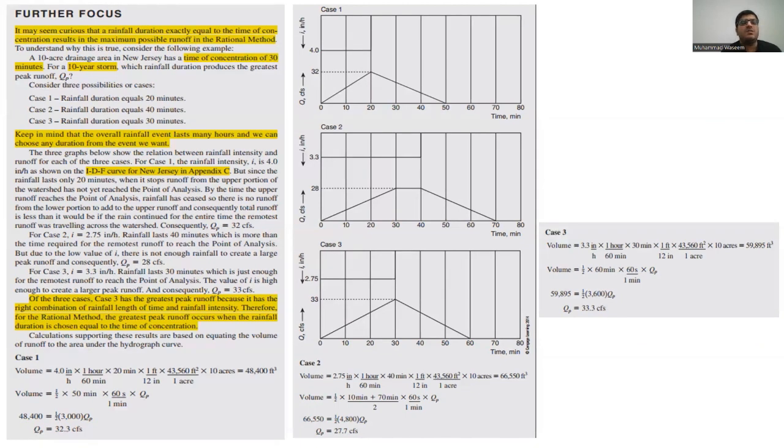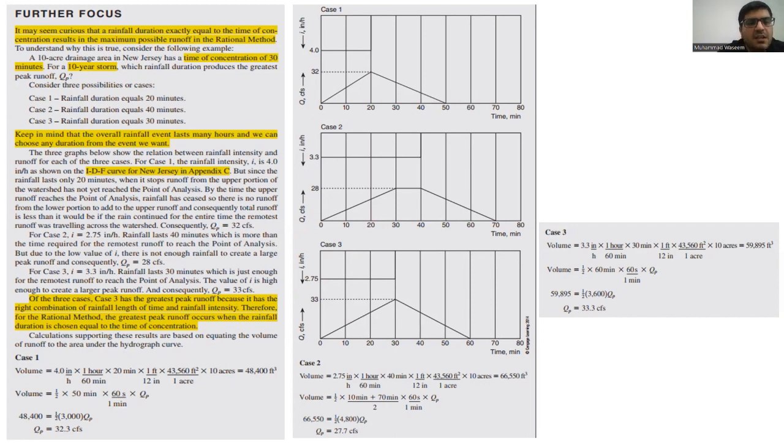As we are dealing with New Jersey, we have to go into the New Jersey appendix. Keep in mind that the overall rainfall event lasts many hours and we can choose any duration from the event we want. We have the privilege. The graph shows the relationship between rainfall intensity and runoff for each of these three cases.